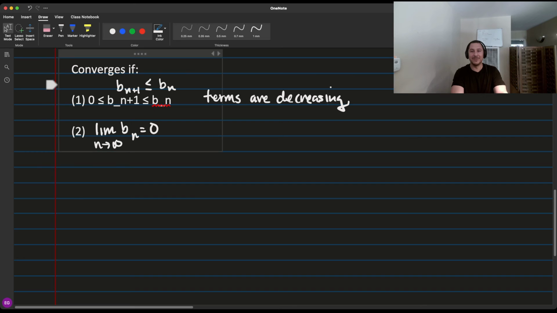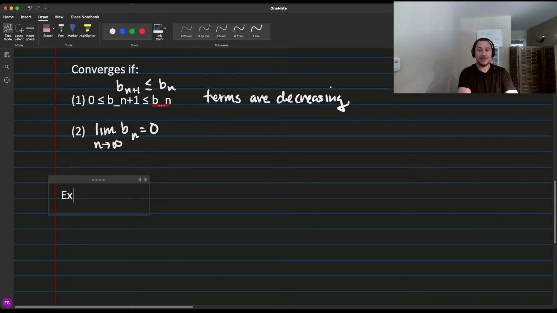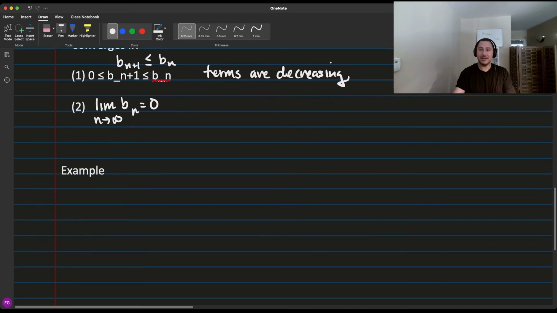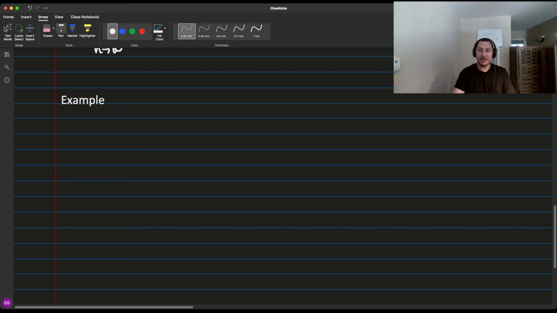Okay, so let's do an example of this. So let's say you're looking at the sum from n equals 1 to infinity of (-1)^(n+1) divided by n squared.